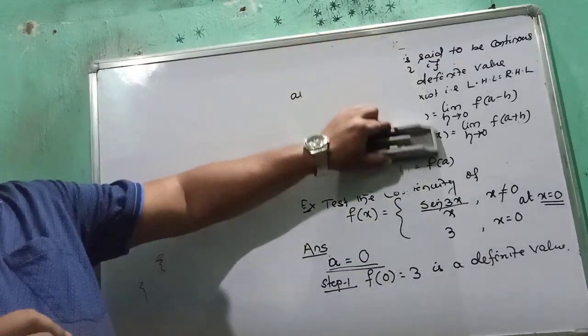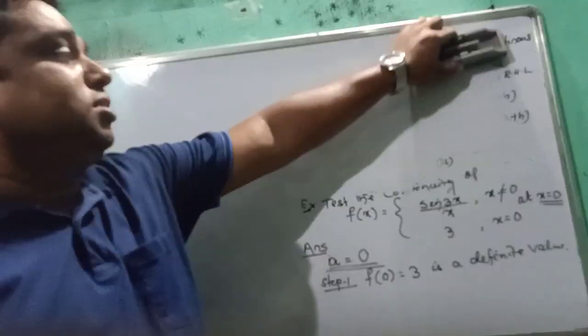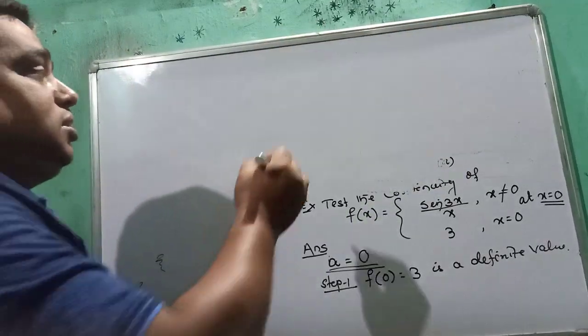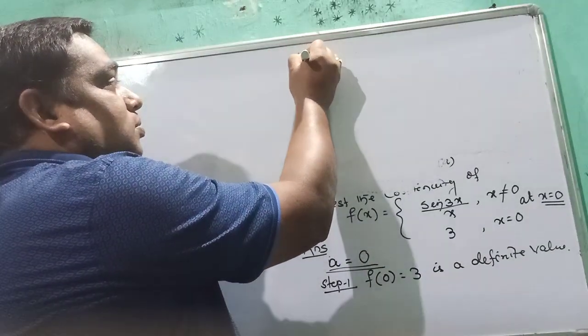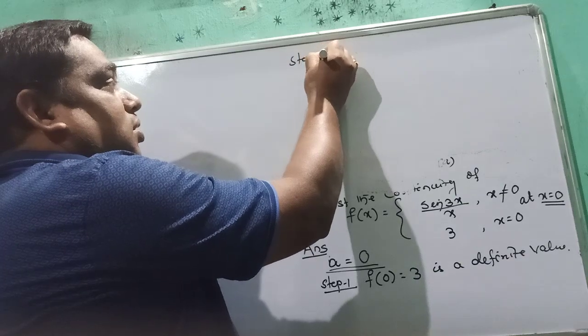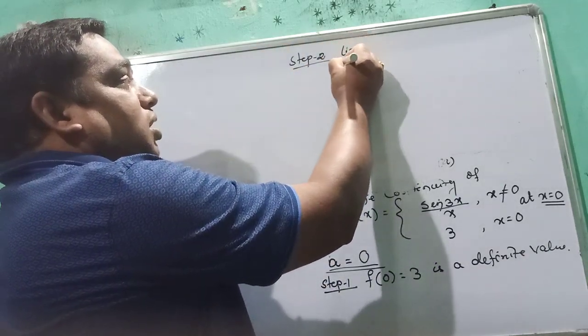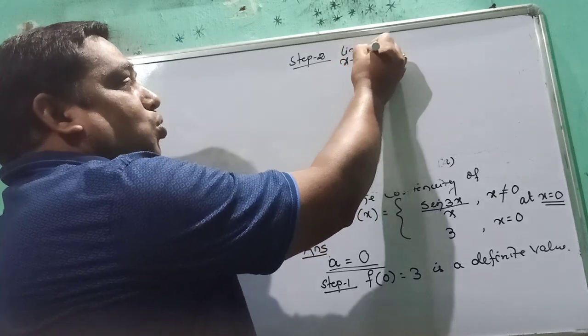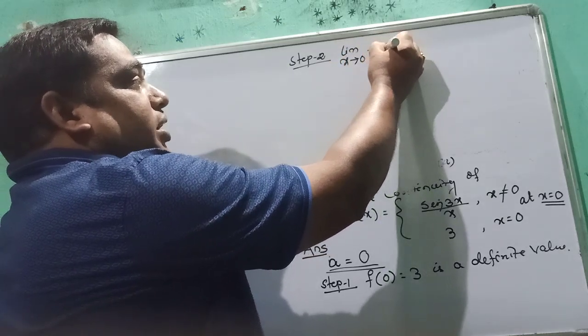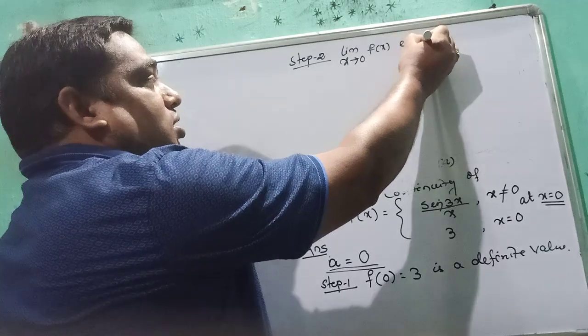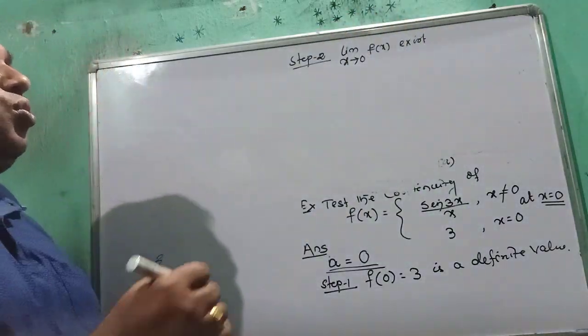Then we go to the second condition, that is step 2. Now we have to verify whether limit x tends to 0 of f(x) exists or not. So we have to test this.